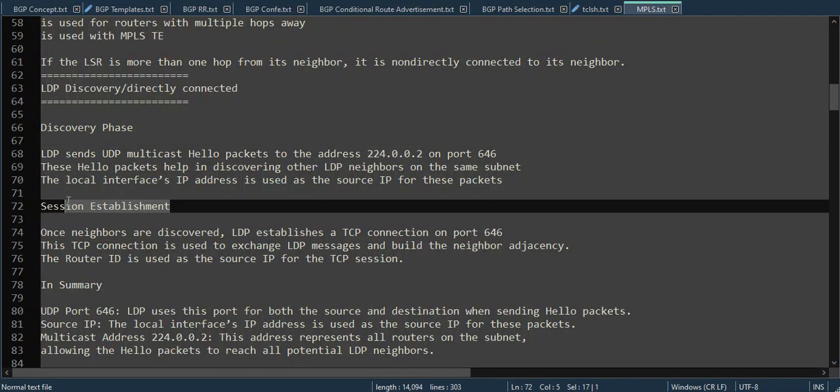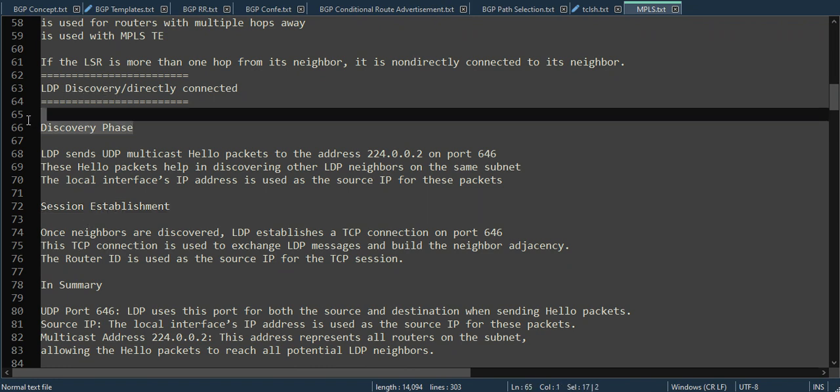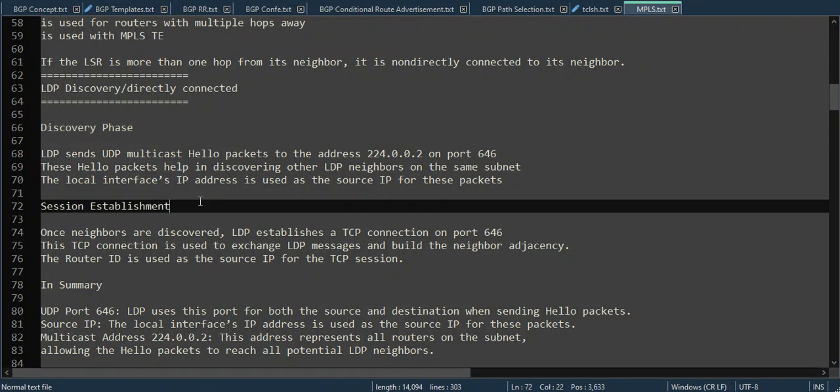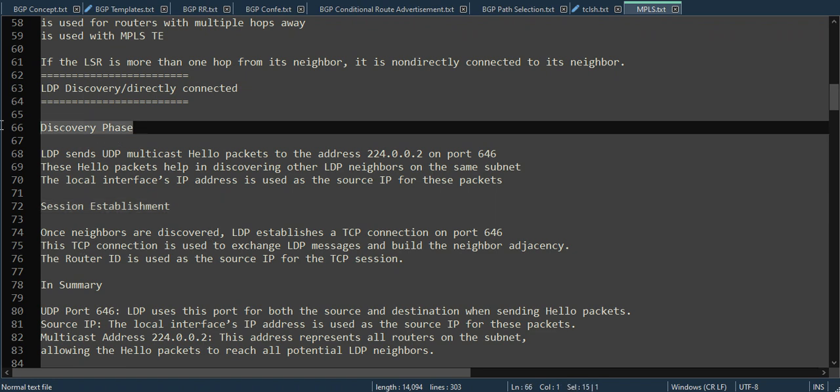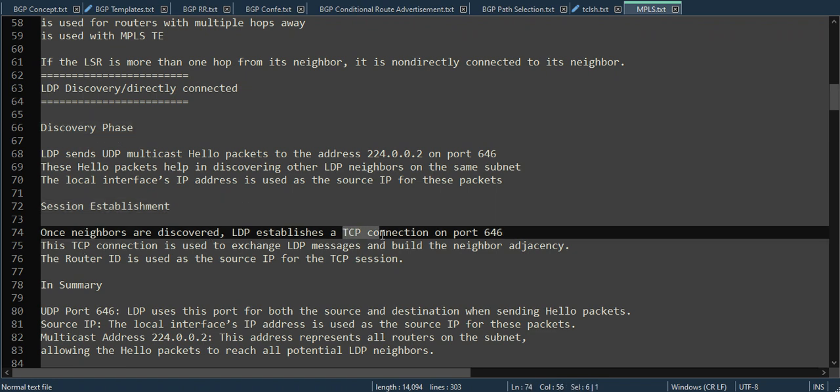The other phase is session establishment. LDP establishment first uses the discovery phase, then it uses the session establishment phase. Once neighbors are discovered in the discovery phase, LDP establishes a TCP connection on port 646.